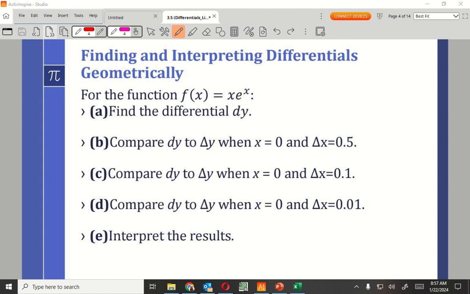So we're going to go through and do derivatives. We're going to work backwards a little bit. Going with what we had and thinking about the slope formula, find the differential dy.